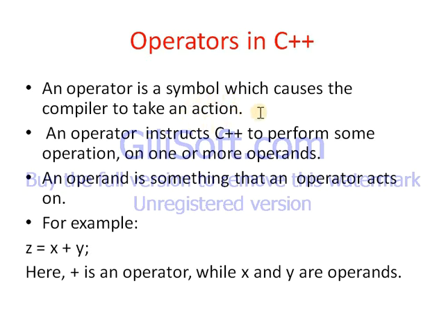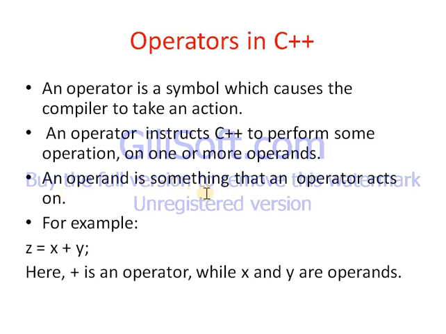Operator is one type of symbol that causes the compiler to take an action. An operator instructs C++ to perform some operation. Means operator tells C++ to perform the operation. And for operation, we need one or more operands.